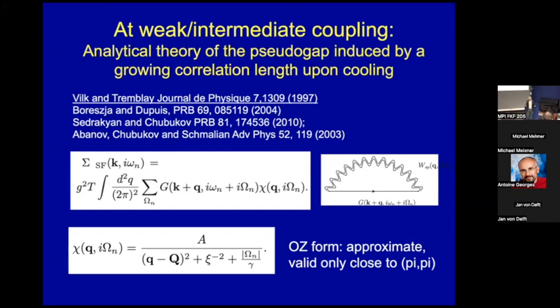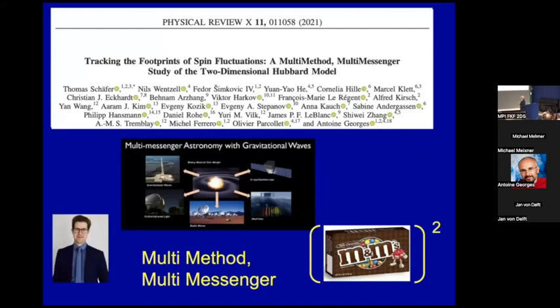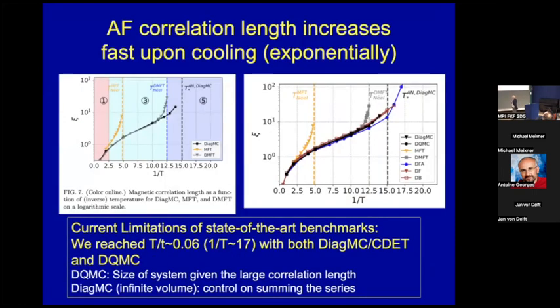Two dimensions is crucial for this mechanism because it's associated with an infrared divergence of this integral. And recently, this multi-method, multi-messenger work that Thomas led when he was still in Paris has demonstrated that the qualitative picture behind the pseudogap formation in the weak coupling limit indeed applies and is confirmed and even refined by these computational results.